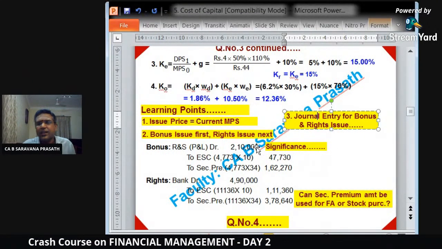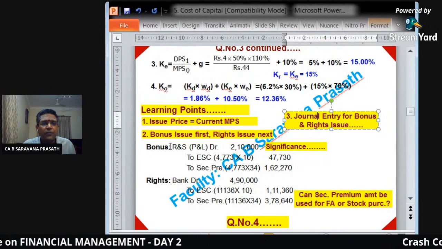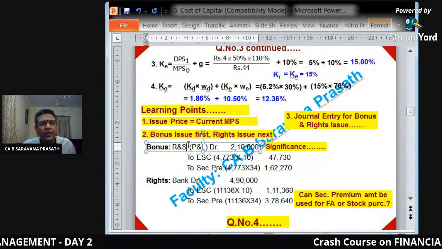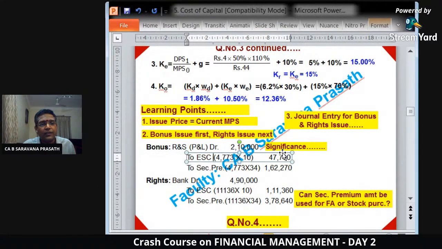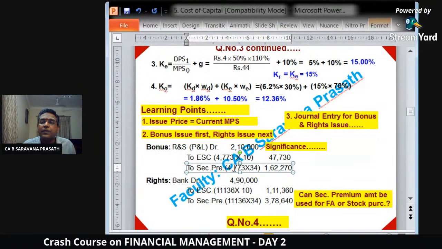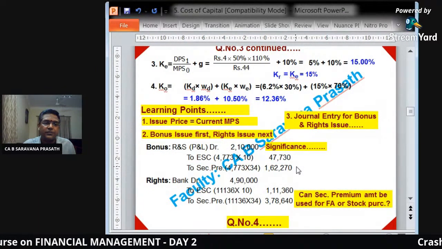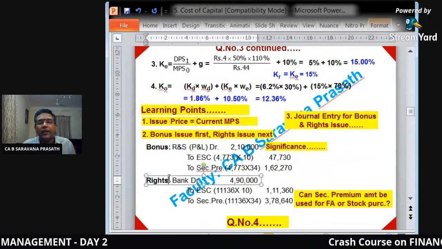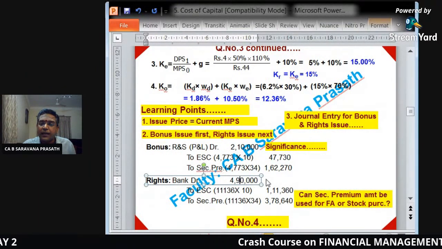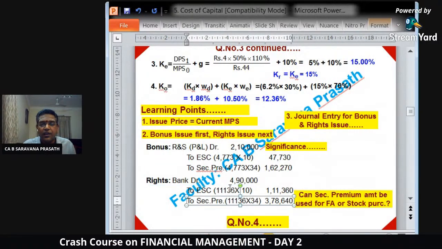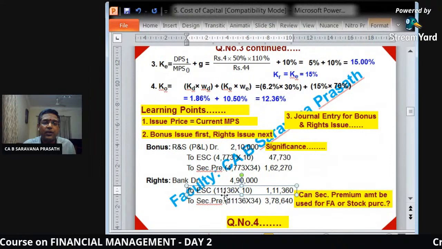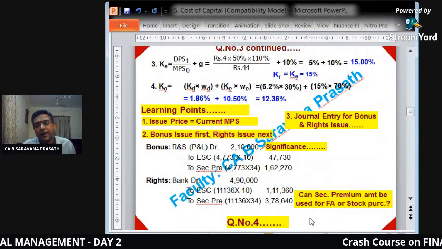For a bonus issue, cash inflow is not there, so we'll be debiting reserves and surplus and then crediting equity share capital to the extent of face value, crediting securities premium to the extent of the premium element. For rights issue, we'll be debiting bank towards money received, crediting equity share capital towards the face value, and securities premium towards the balance.